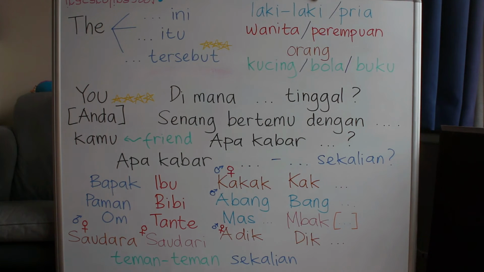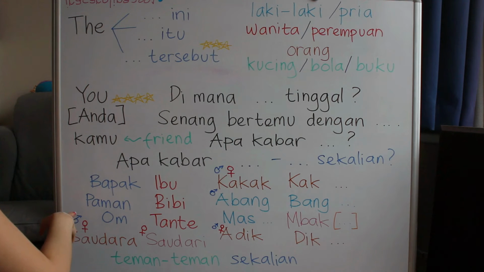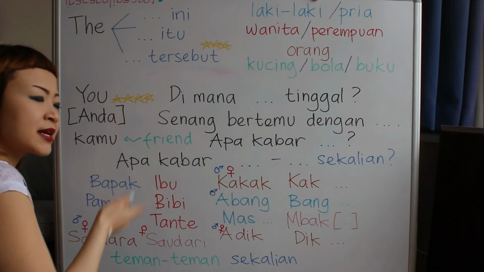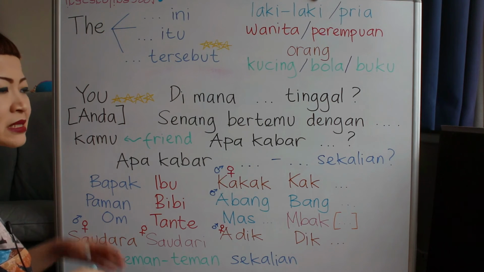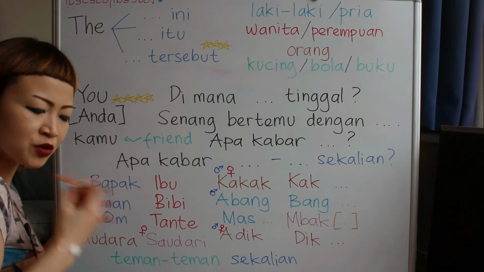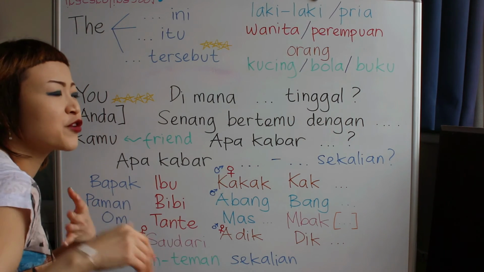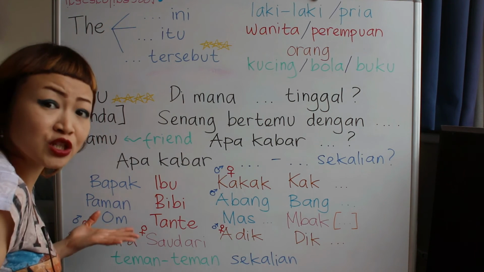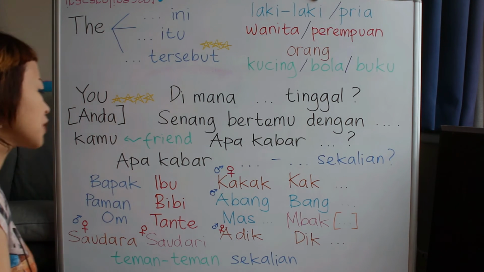And now, if that person is the friend of your mom or dad, it means you're a bit closer with them. You feel a bit closer because they are a friend of your mother, a friend of your father, or your friend's parents. Of course, it's kind of a formal, non-formal situation.